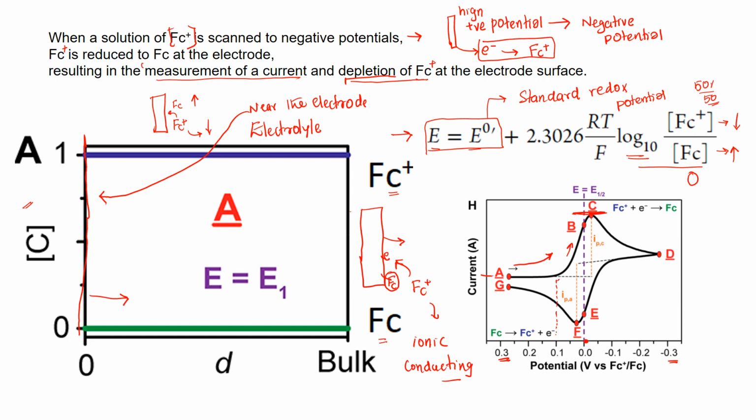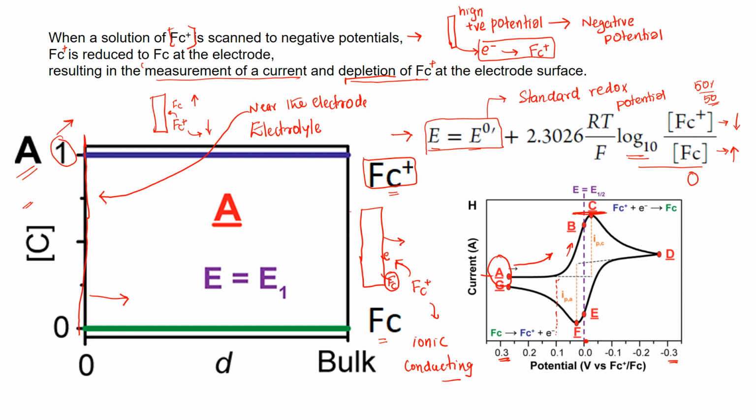So at point A, this is point A mentioned here, at this point A, the Fc plus concentration is almost equal to 1, which means it is 100% Fc plus, and there is no Fc present at the electrode surface.